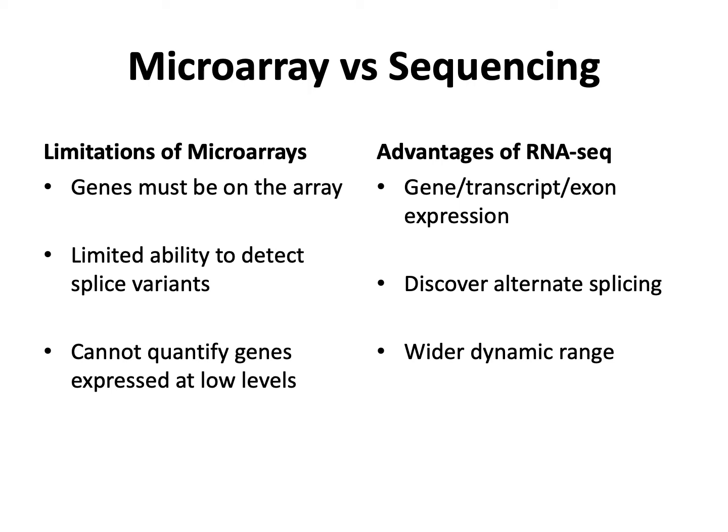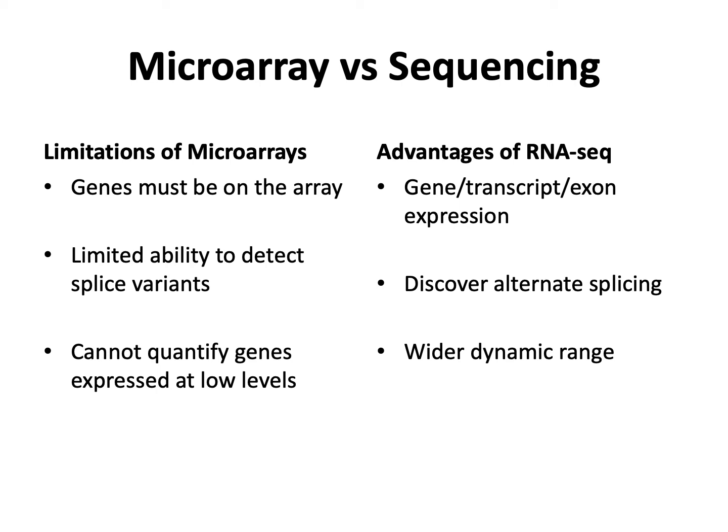With sequence data, you can summarize the data however you like, whether for the whole gene, or you look at a specific transcript, or focus on a given exon. Because you've got the sequences, you also have the ability to discover new alternate splicing that wasn't known when the arrays were made.